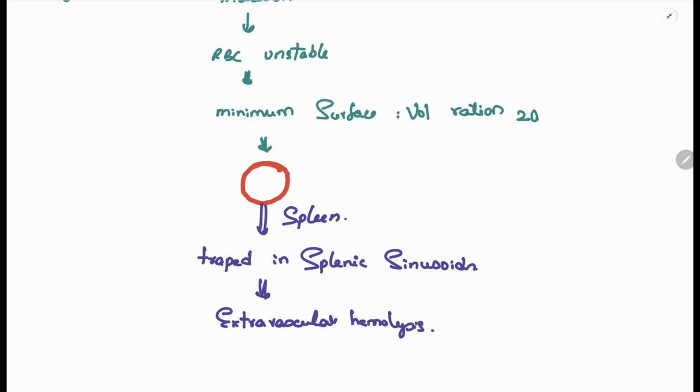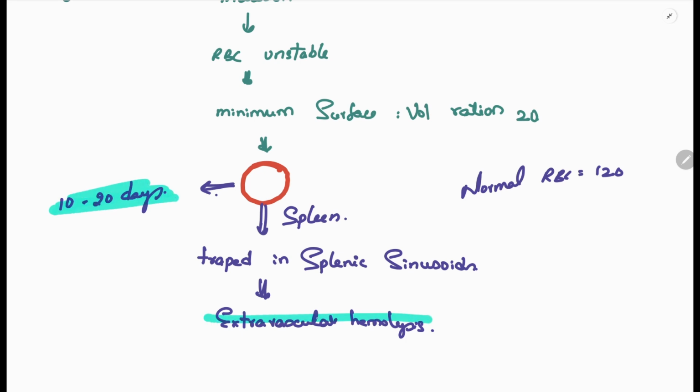Normally the RBC lifespan is 120 days, but in hereditary spherocytosis its lifespan will be 10 to 20 days. So extravascular hemolysis will take place. These are the points that you must take home.